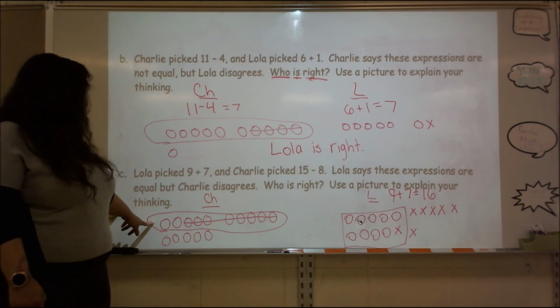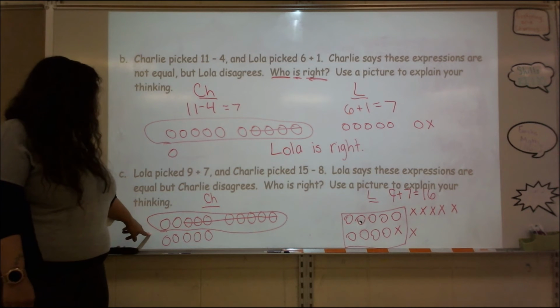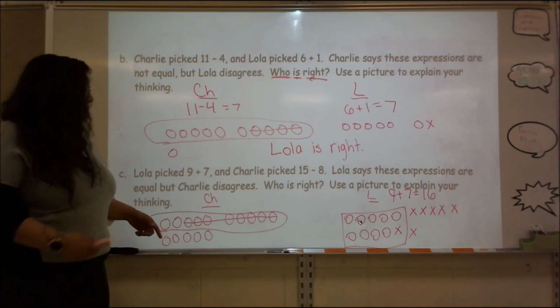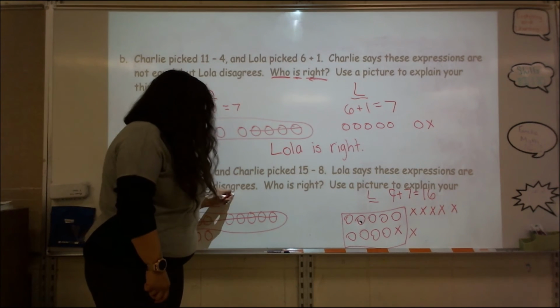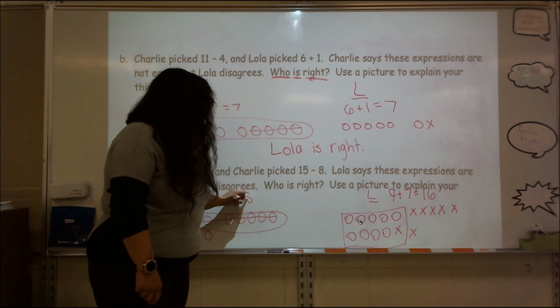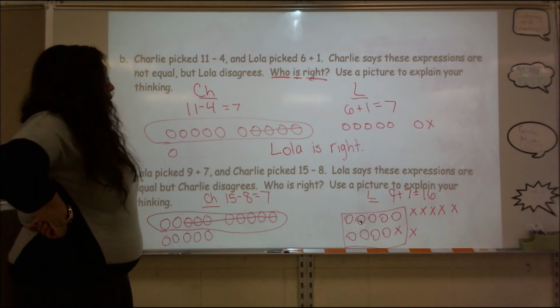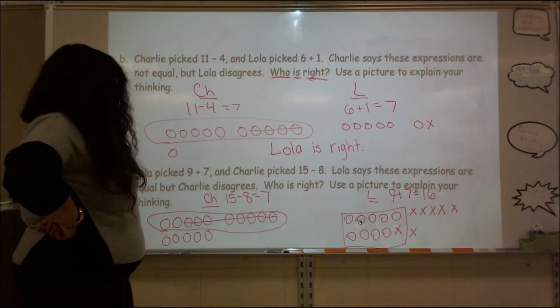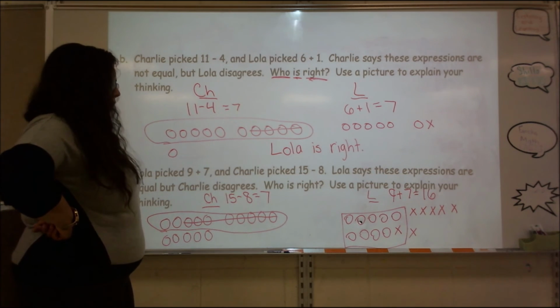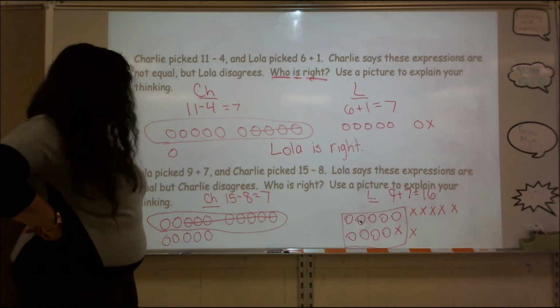What is the 2 left in the circle plus the 5 left outside of it? 7. So you mean to tell me that 15 minus 8 is equal to 7? What? So what's happening here? Who's right? Who knows what they're talking about?